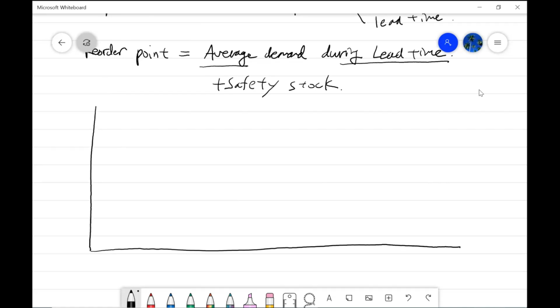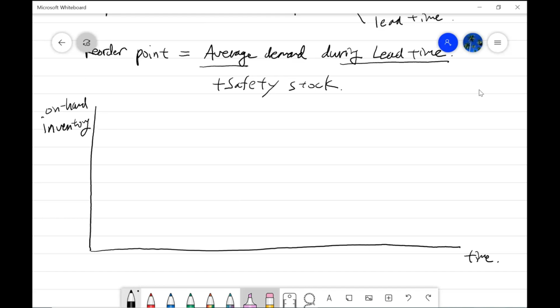So still, this is the on-hand inventory, and this is the time, okay? At this time, what I have to show you is what happens to the inventory in your warehouse if I apply the continuous review system.